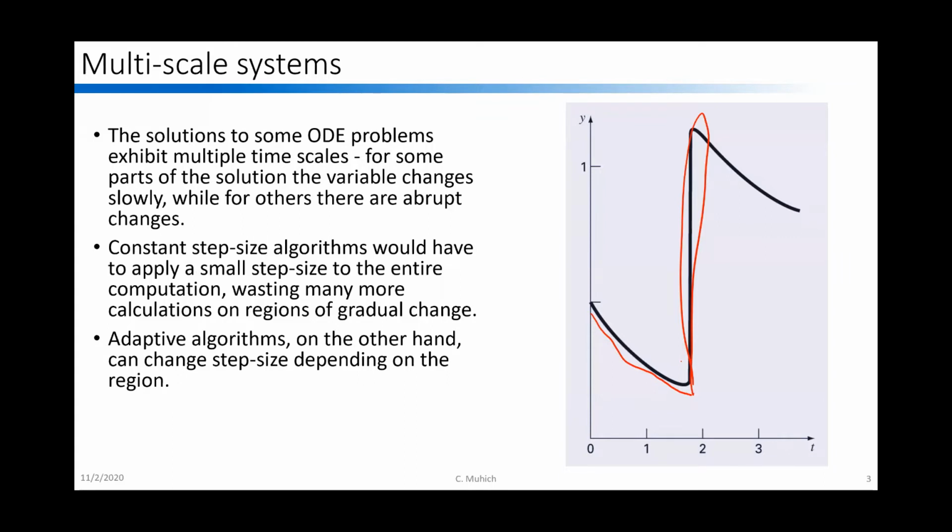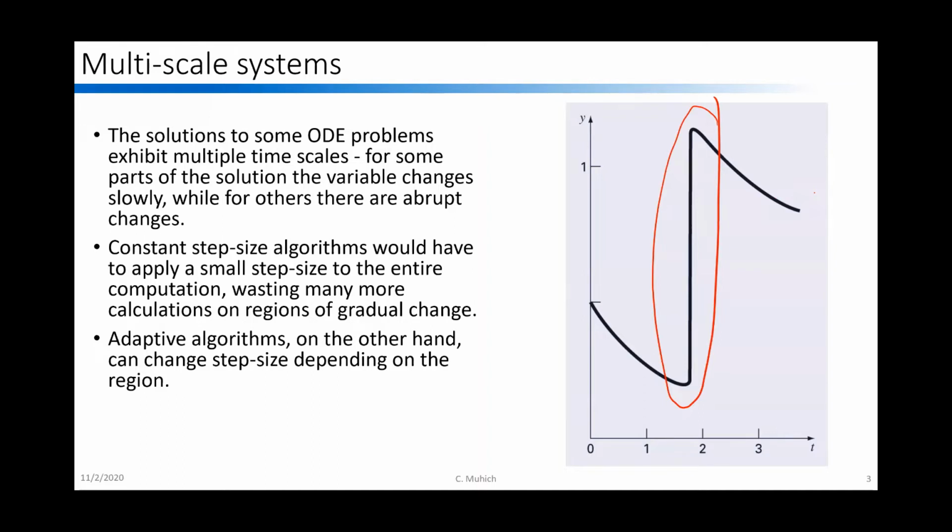This is called a multi-scale system because we have one scale happening here, a relatively gentle slope, and then all of a sudden we have this very large slope, and then maybe it goes back to being gentle again. So the step size that I would need to resolve that middle piece is very different than the step size that I would need to solve those end pieces, right?